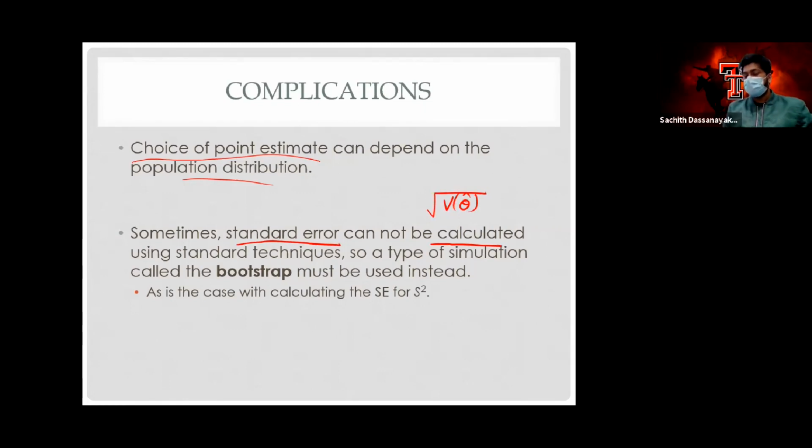Using standard techniques, in that case we use a method called bootstrap. It is a simulation method, which means we have to use computers. If we have a data set and we cannot calculate the square root of the variance of theta hat by hand, we simply use the bootstrap method, which means we generate samples based on our original samples.